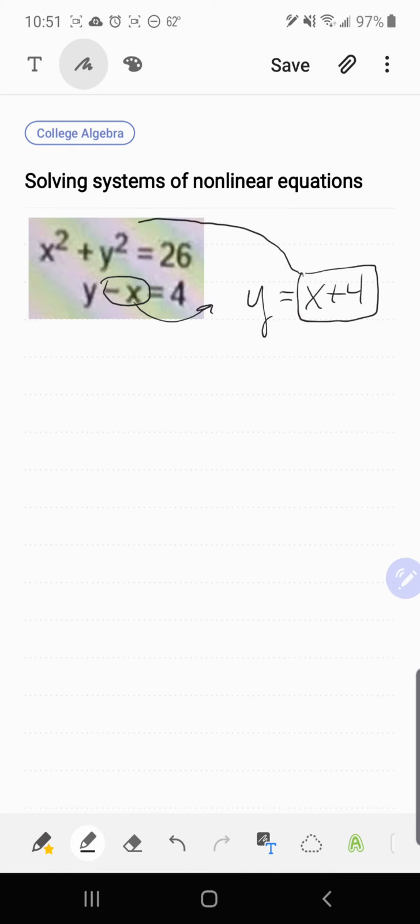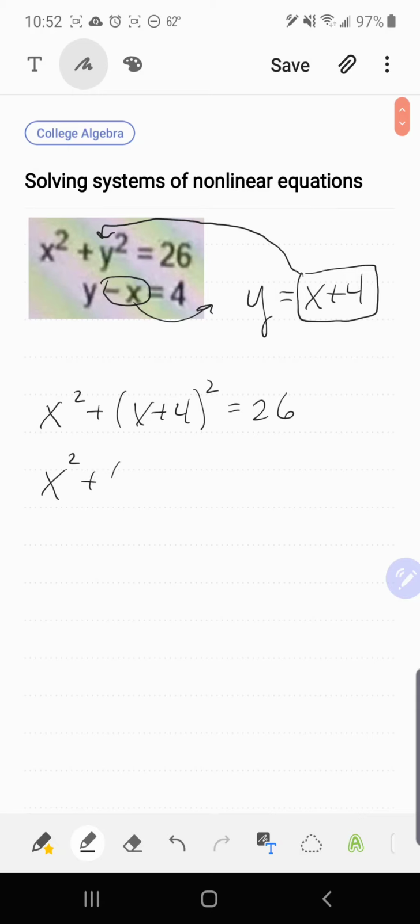And so we're going to plug that into the top equation, and that'll produce x squared plus (x plus 4) squared equals 26, substituting for y with x plus 4. And then if you notice, I now have a single equation with only x, and then I can solve for x. So here we go.